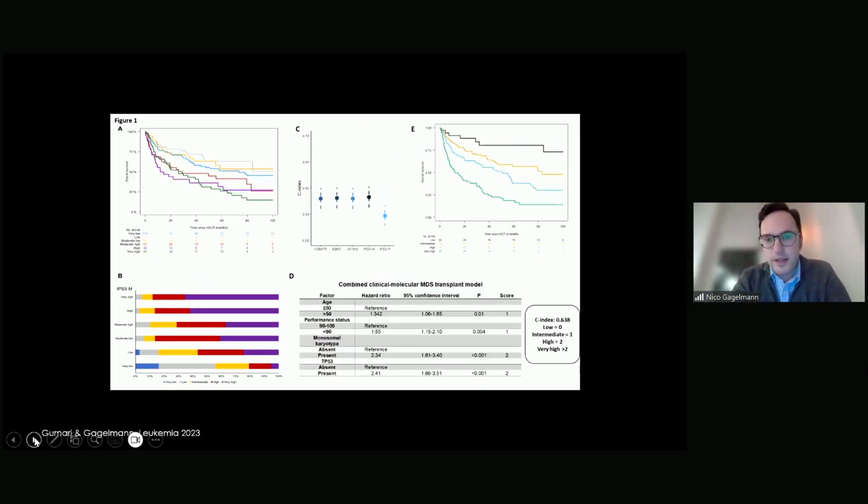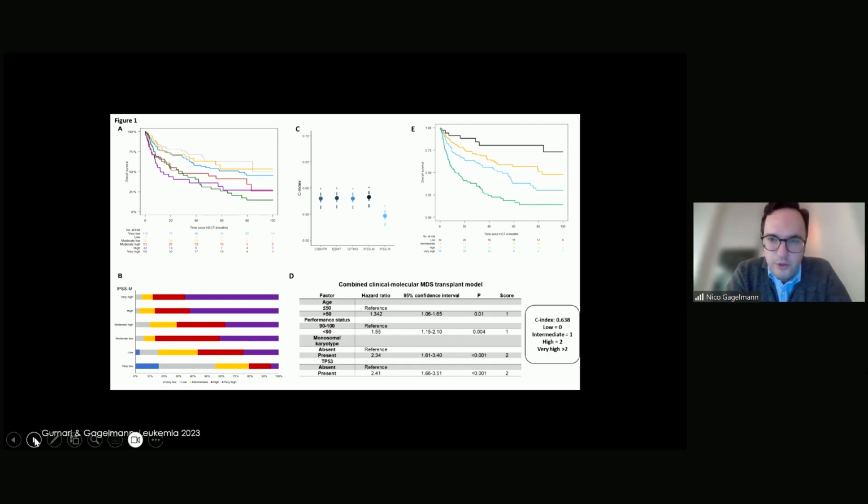And the other point I would like to make is what we showed in our multi-center cohort from European centers, but also from Cleveland Clinic, which you can see on the left-hand side and at the top. The IPSSM in our cohort was somehow valuable, especially when you talk about high risk, very high risk, but clearly not every mutation really counts.